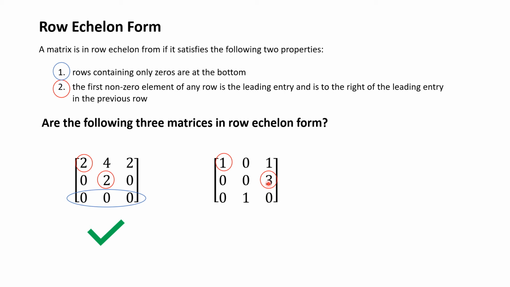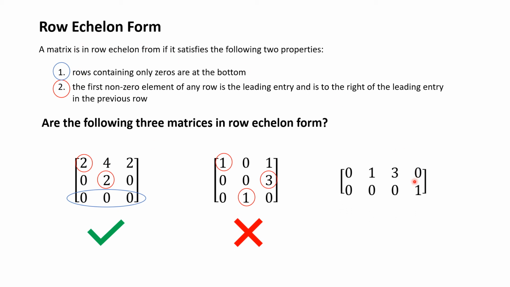This leading entry is to the right of the leading entry in the previous row, therefore it satisfies the second condition. However, the leading entry for row 3 is to the left of the previous leading entry, therefore this condition is not satisfied and this matrix is not in row echelon form.